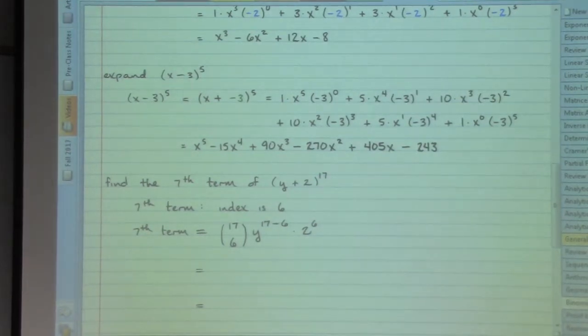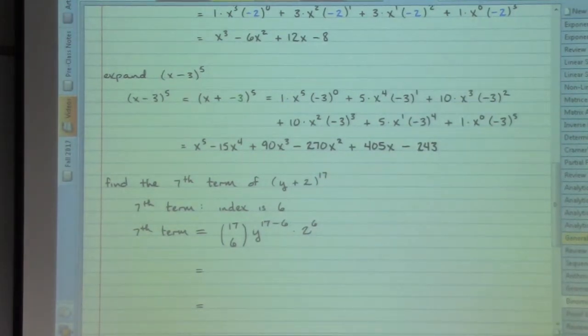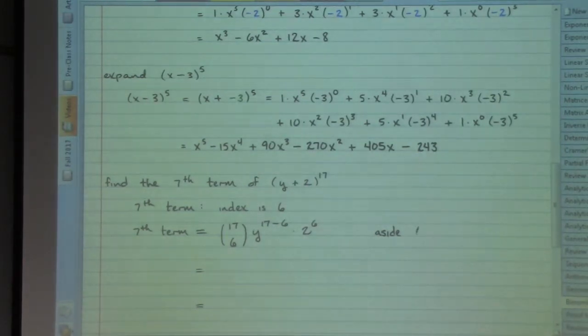Now, officially speaking, as a side note, we do have that formula that connects to this. Well, that's not very neat. We have this formula that connects to this, but we also have this shorthand combination notation.